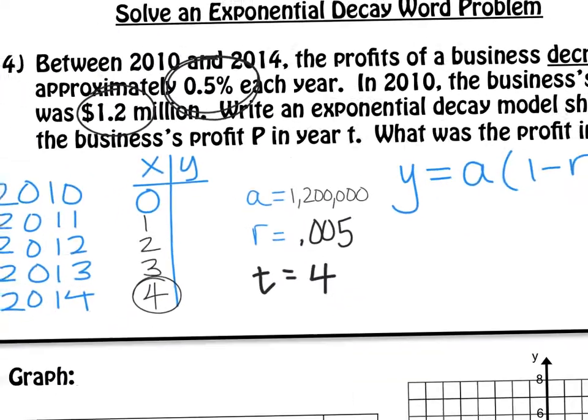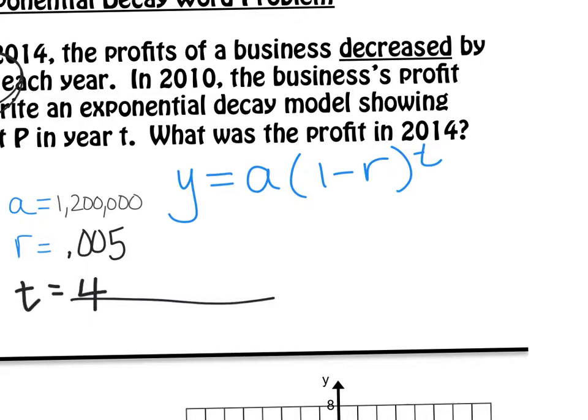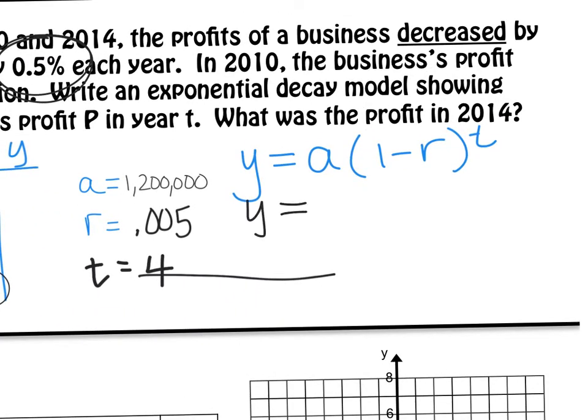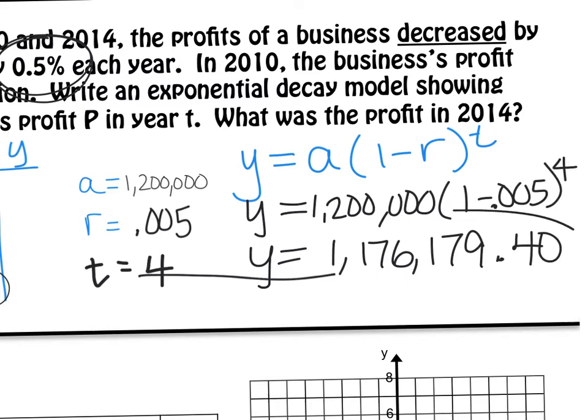Okay. So next, we're going to plug it all in. 1 minus 0.005 to the 4th. So when I plug that in my calculator, I get 1,176,179.40. Okay, and that's my answer there, because that's money.